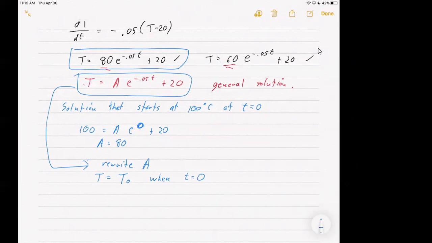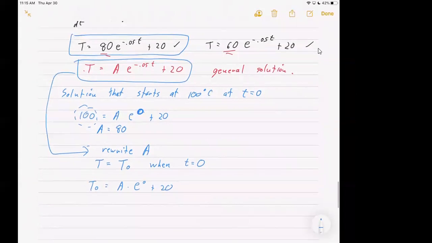So generally, instead of putting 100 in over here, we could put the initial temperature, which must equal a times e to the 0 plus 20.